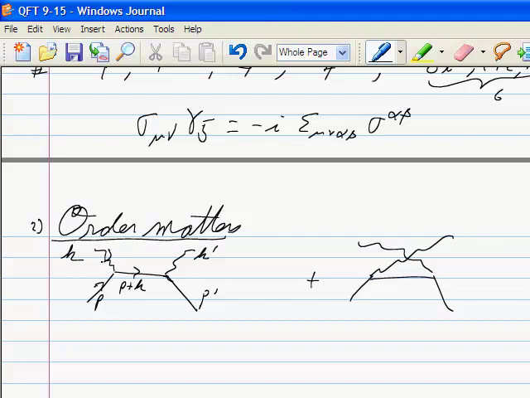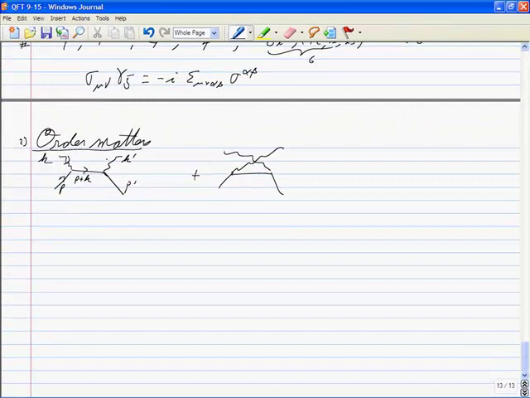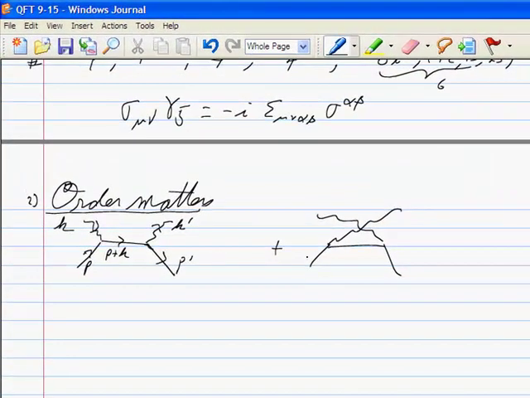And the initial state is sitting off to your left. The final state's on your right, so it goes out there. And the same over here: k, k prime, p prime, p. The propagator momentum is p minus k prime in the denominator there.